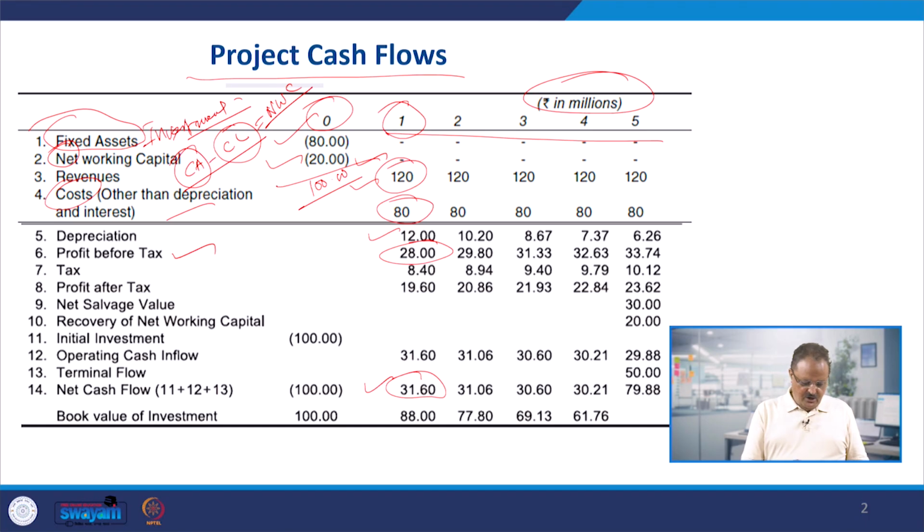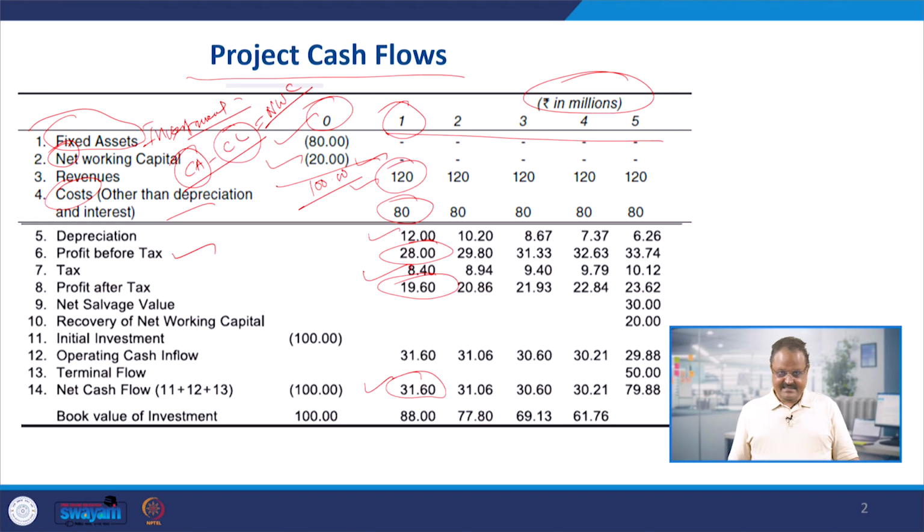Now you have to pay the corporate tax, and corporate tax is, for example, 8.4 million. So after this, you are left with what is called profit after tax, PAT, and this is the source of the cash inflow. When we calculate the cash inflow, first we work out the profit from the total revenue and cost of any operating year.